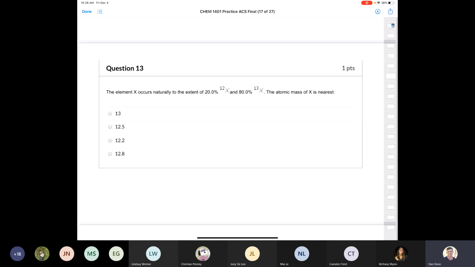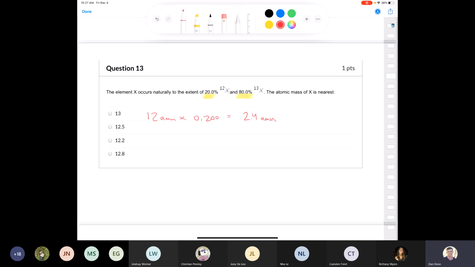Okay, question number 13 says element X occurs naturally to the extent of 20% for isotope 12 and 80% for isotope 13. Remember, the atomic masses that you see on the periodic table are weighted averages of the isotopes. Since we have the percent of each isotope, if we have 12 AMU for the first isotope, and that's 20%, so that's 0.200, I'm just dividing 20 by 100, that gives me 2.4 AMU.